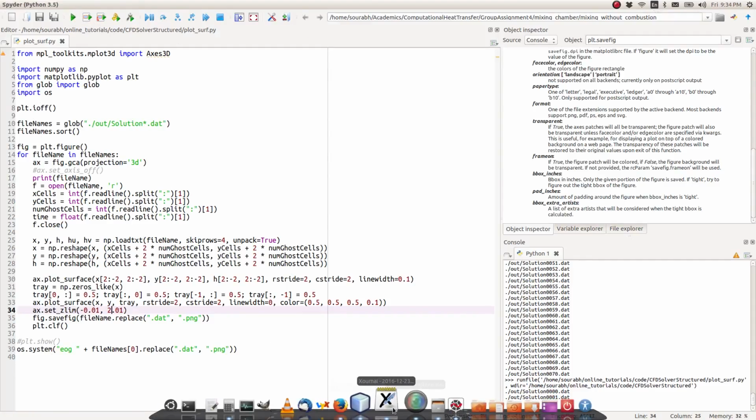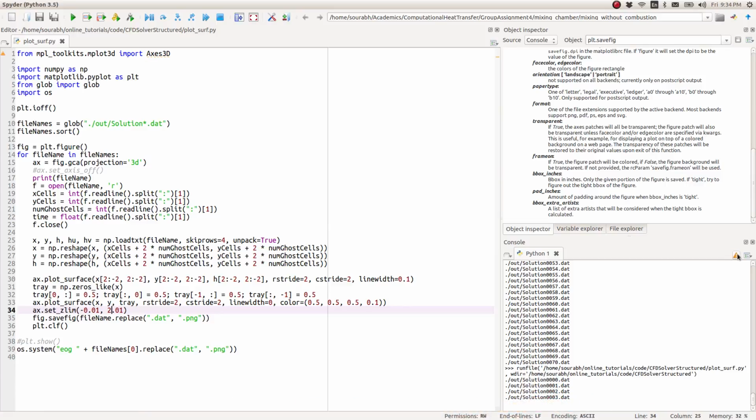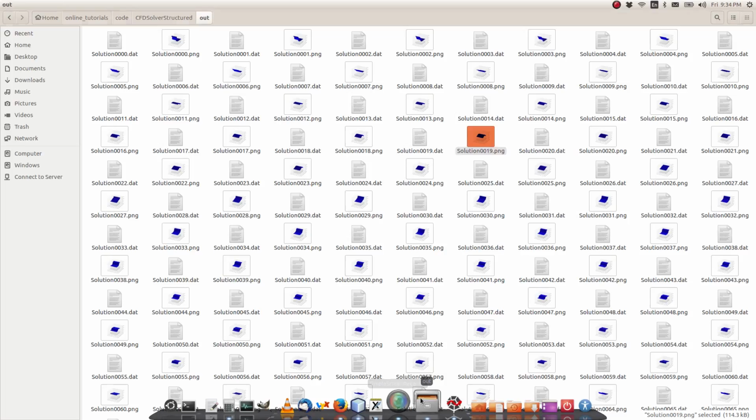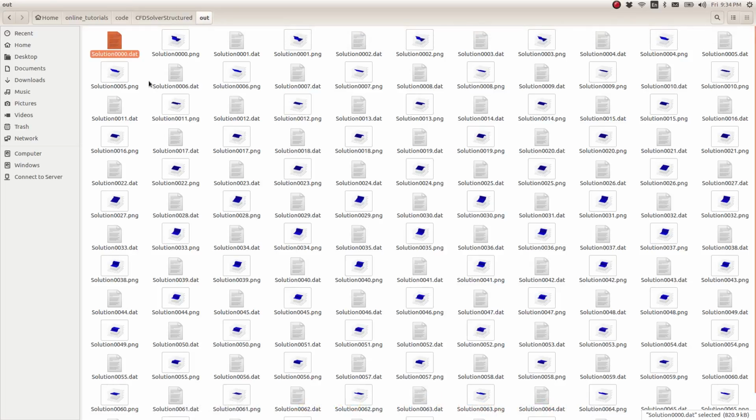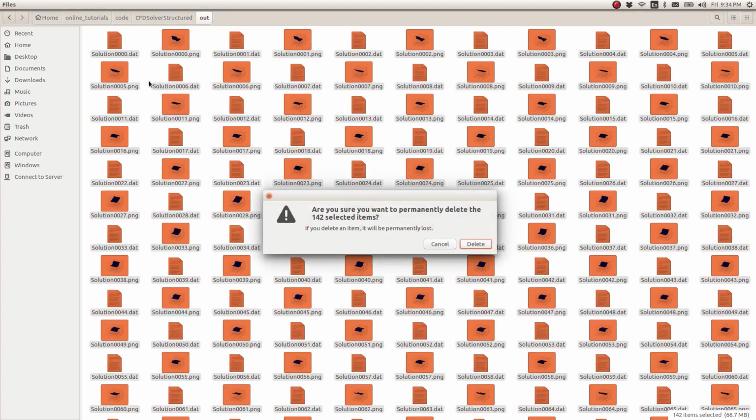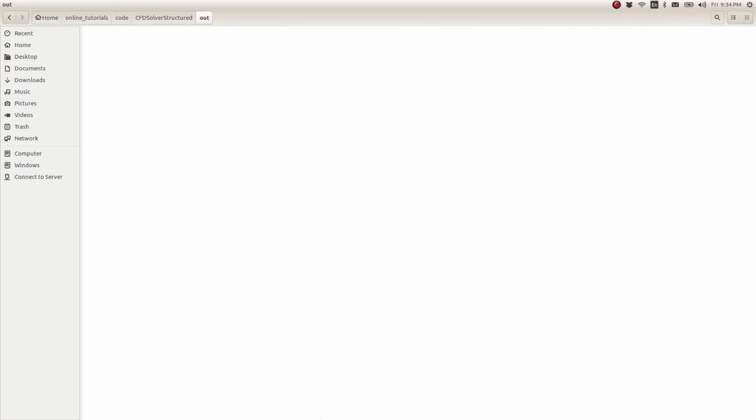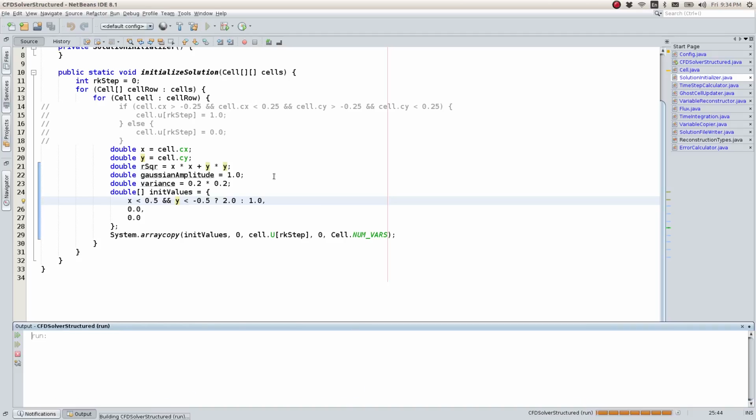So if I plot this now, okay, wait a sec, I will delete the old files. I don't know how many files are created now, so delete, and I will rerun this code. Oh, what did I do? I made a mistake here.